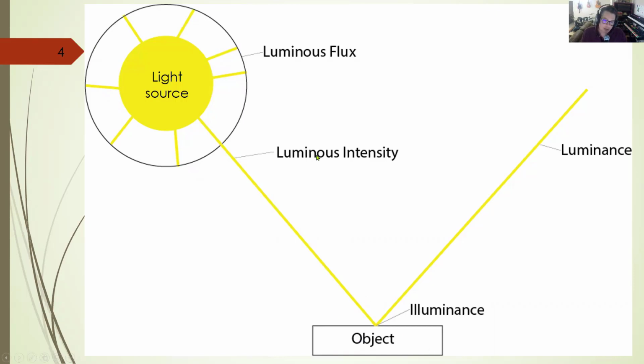Okay, so that luminous intensity of a certain level of light energy reaches this object and strikes it. When the light strikes this object, it illuminates it. Okay, so illuminance is the property of how illuminated is the object I'm trying to see.